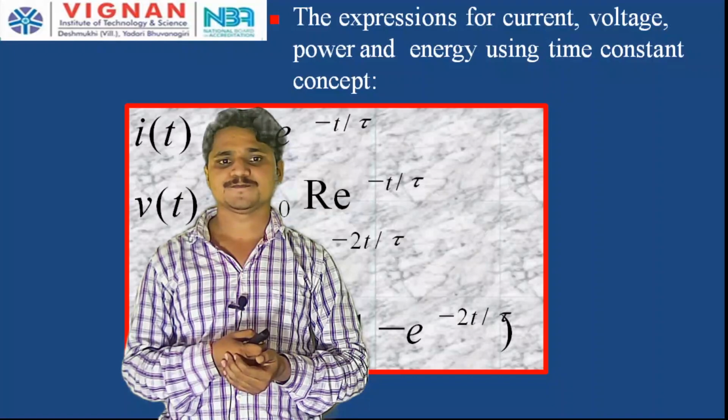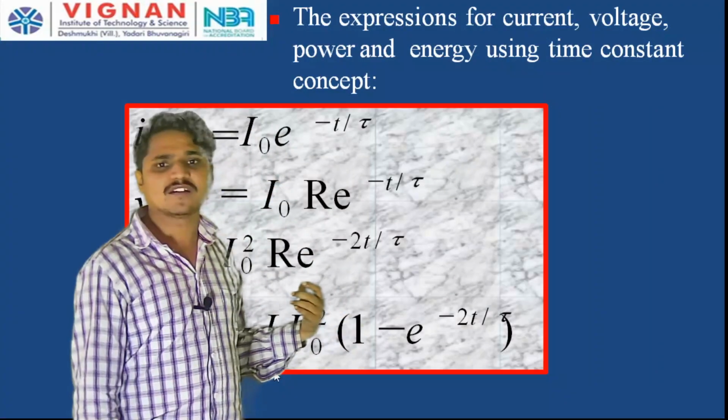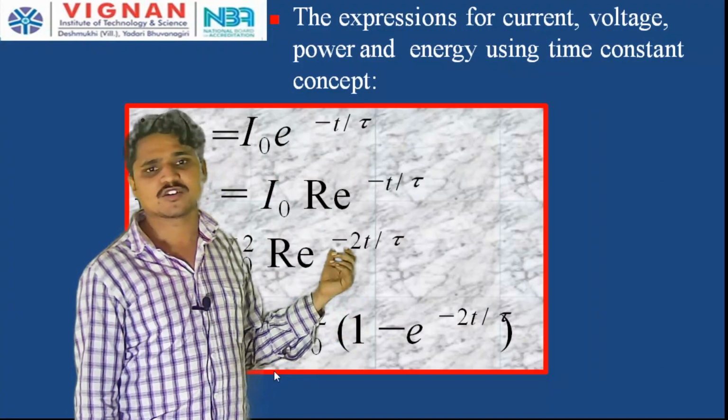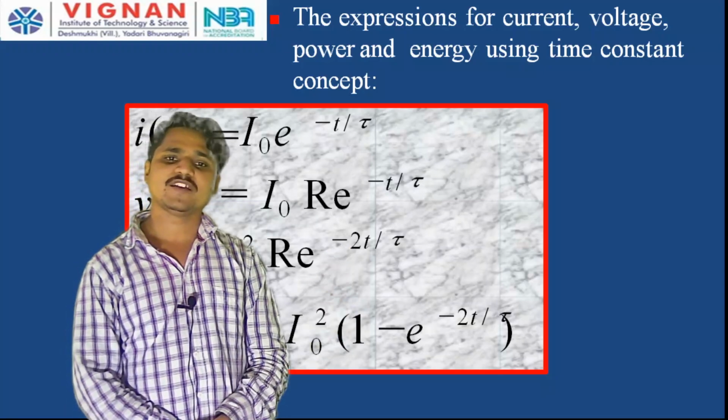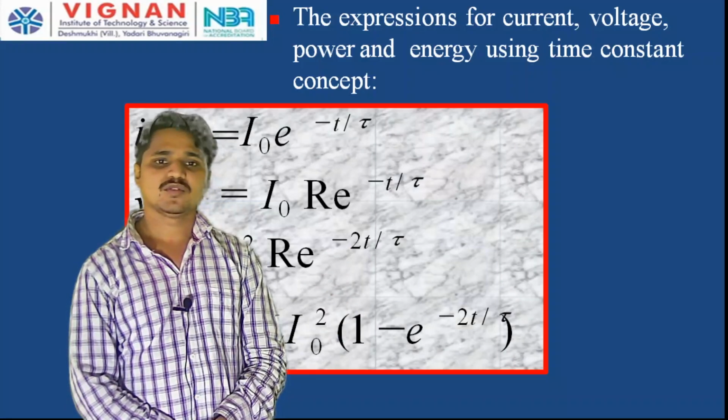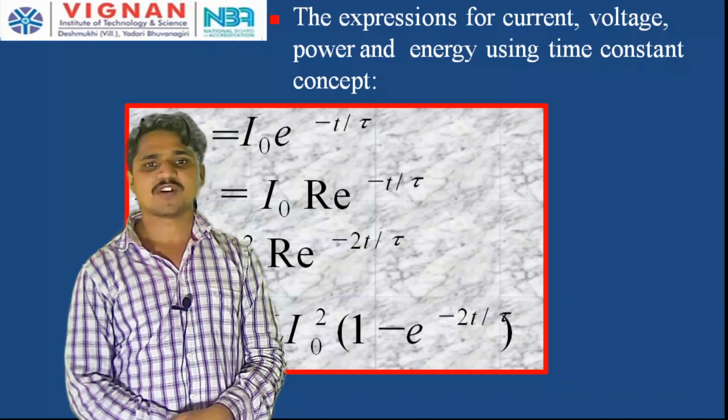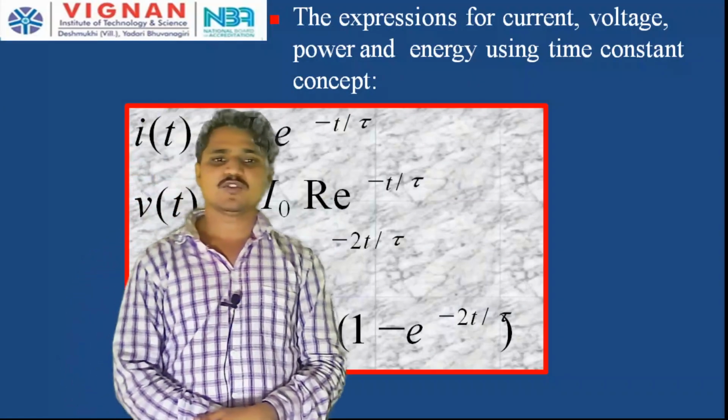Now, power is equal to I naught square into R into e to the power of minus 2t by tau. So voltage, current and power are in time constant form.